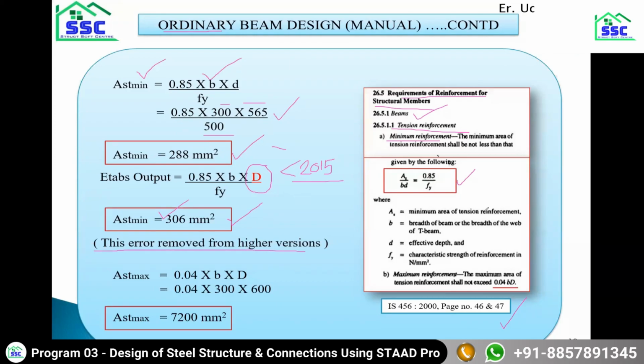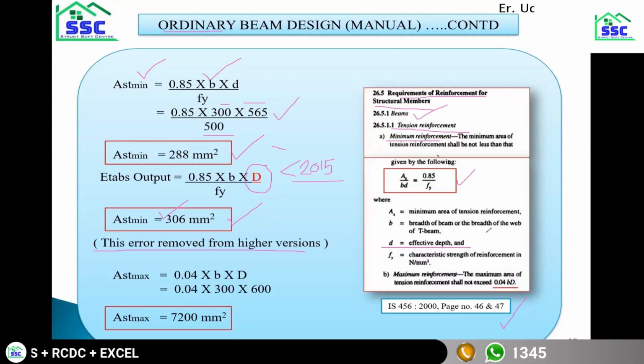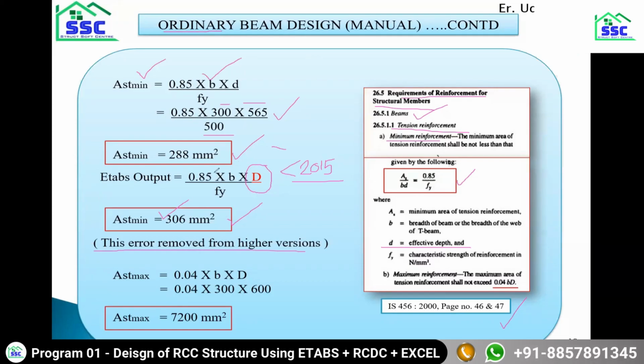As per code, this is the formula: AS divided by BD is equal to 0.85 divided by FY. The code clearly says that D has to be the effective depth of the beam. But unfortunately, the lower version of Etabs calculates it incorrectly.